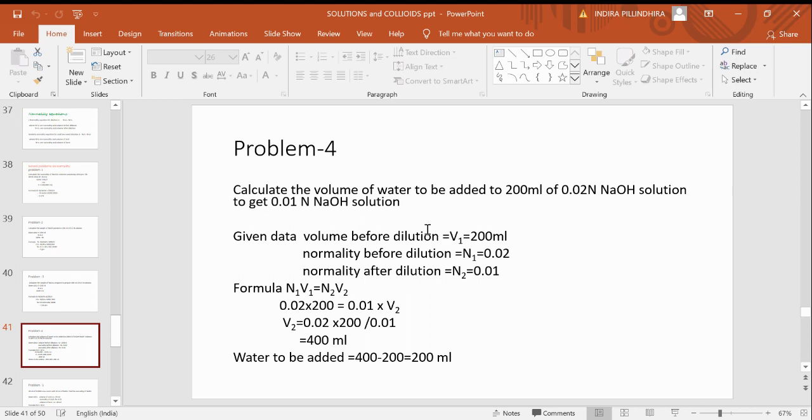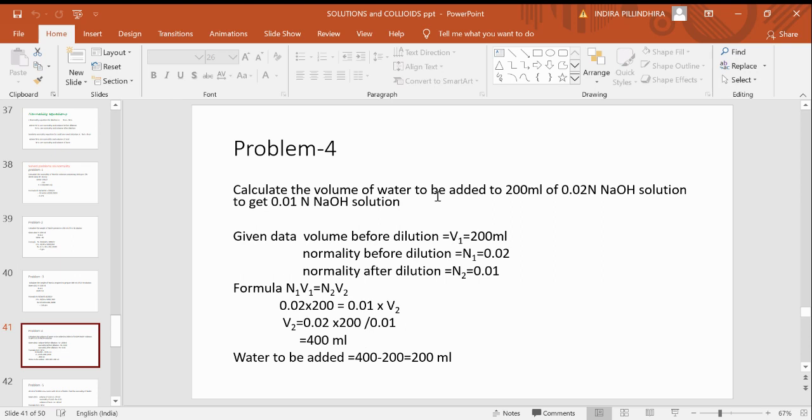So now given data, volume before dilution is 200 ml and normality before is 0.02 N, and normality after dilution is 0.01. Okay, so as we know that the formula for the dilution is N1V1 is equal to N2V2, and we should substitute this data carefully in the formula. So we get the final volume as 400 ml.